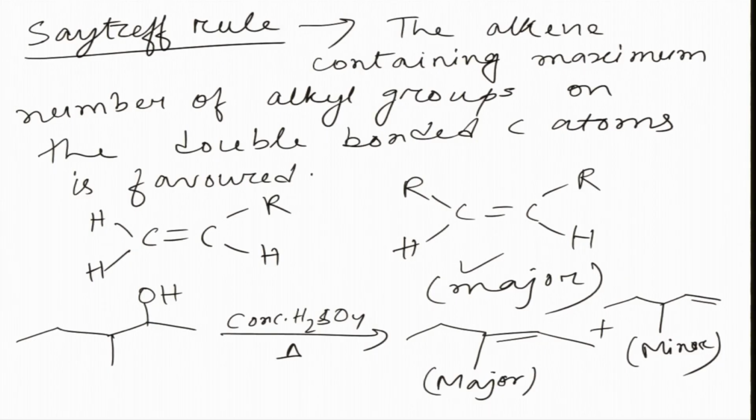Saytzeff rule also has some exceptions, that is, in specific molecules the Saytzeff rule will not work. There is another rule called the Hofmann rule also, but we will not go there right now. Okay. So, before starting alkyl halides, there is one last method left from alkenes. Okay.